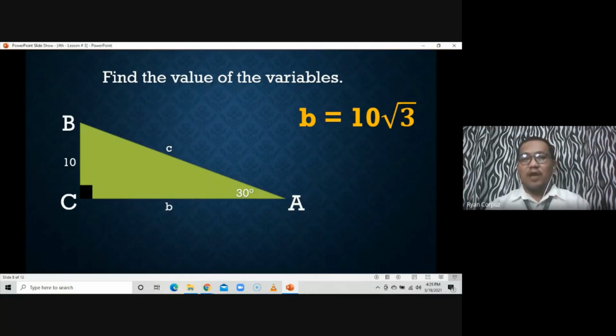Ang hypotenuse daw is twice the shorter leg. So, dalawang shorter leg, you come up with the measure of the hypotenuse. That would be 2 times 10, which is equal to 20. So, that's why the value of C is equal to 20. So, nakuha yun. Any questions so far? Next.